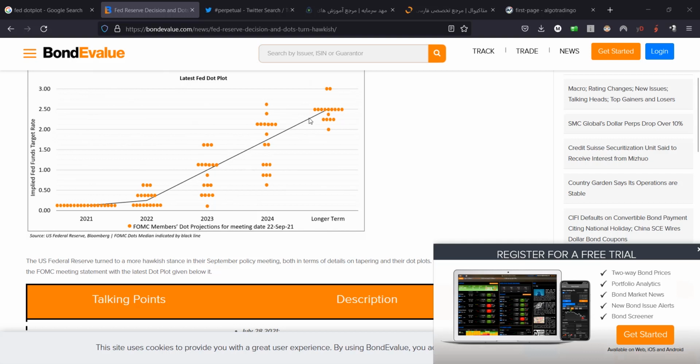So the dots get wider as you go through the dates. For 2023, maybe most of them think that the interest rate has to be about 1%, and it shows you the prediction of the members of the Federal Reserve about the future. In 2024, they think that the rate has to be about 1.75, or maybe some people think that it has to be about 2, but no one thinks that in 2024 it has to be about 3.